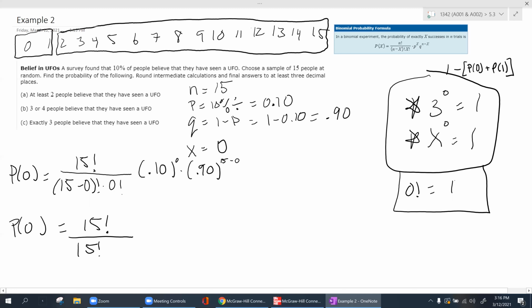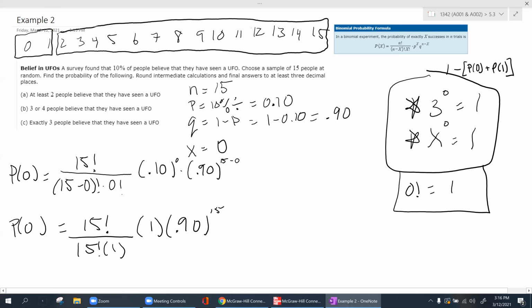So you can write the 1 in the denominator or it just disappears, it gets engulfed with the 15 factorial. Times, let's put the 1 there, 0.10 to the 0, that's just 1, times 0.90 raised to the 15.